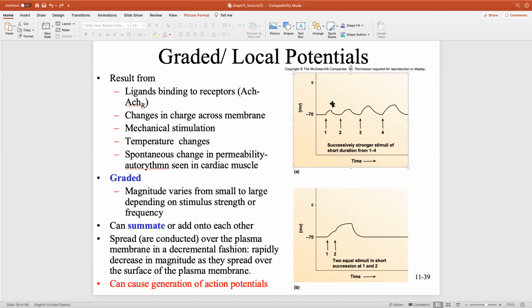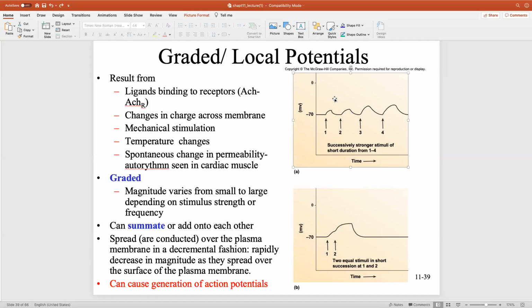If something else happens, if you have another neuron releasing the same neurotransmitter, now you have two batches, so they add to each other. Each one goes from minus 70 to minus 60. So when you add it, that's a 10 millivolt difference in each one. Now you have 20 millivolts because you have two separate neurons releasing, and then you go from minus 70 to minus 50 immediately.